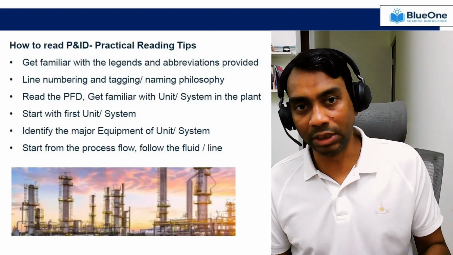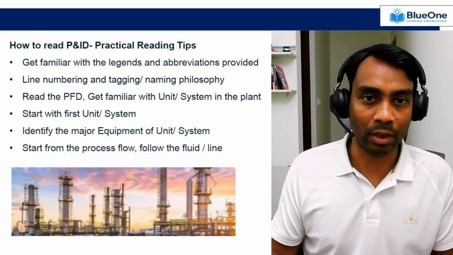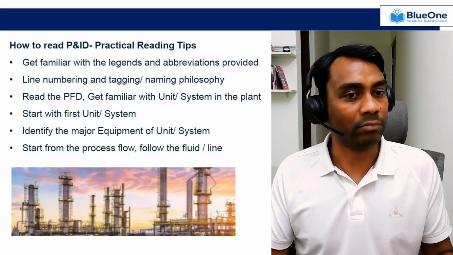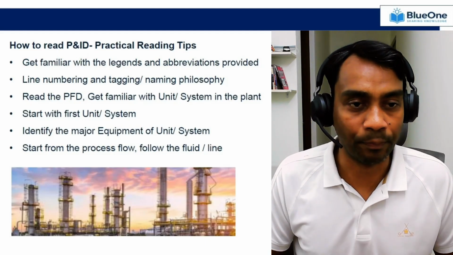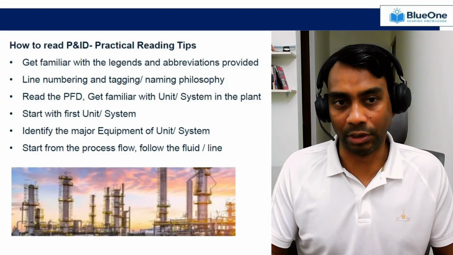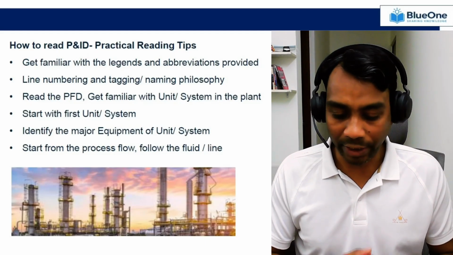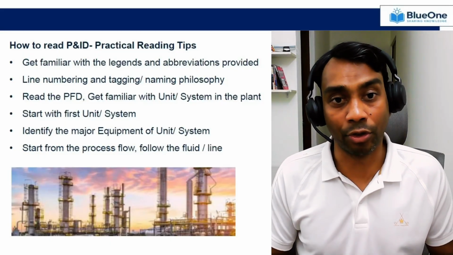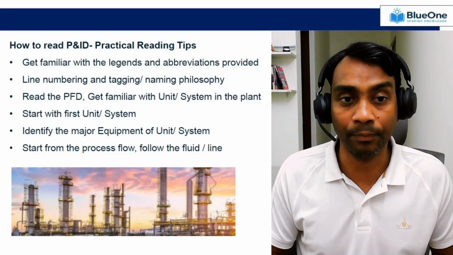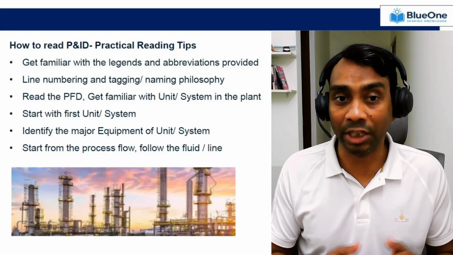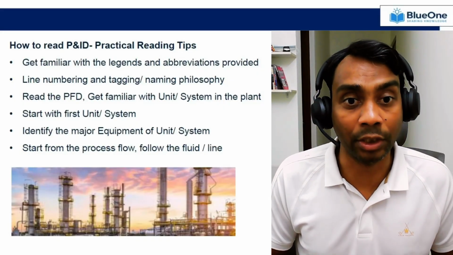Then you have the legend sheet, and you have already read the numbering and naming philosophy, so you can start with your first unit or system. Let's say you are reading the feed system: identify the major equipment or unit systems associated with that feed system. What are the strainers, heat exchangers, or any other purifier units.